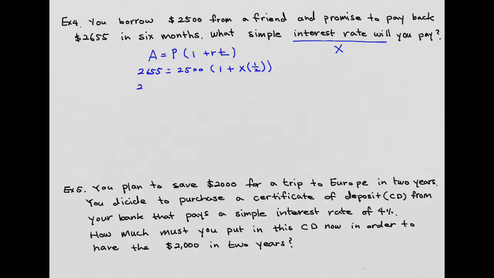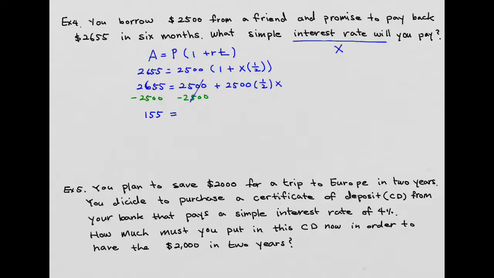Then you're going to get 2,500 plus 2,500 times 1/2 and x. And then you're going to subtract 2,500 first to isolate x. You're going to get 155 on the left side. On the right side, this cancels out.